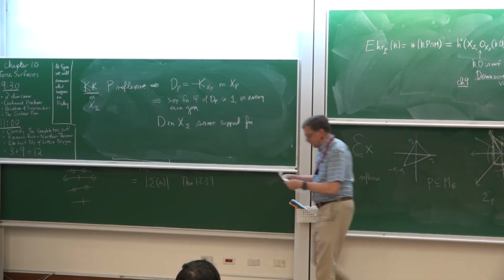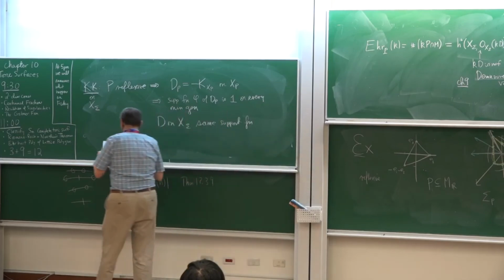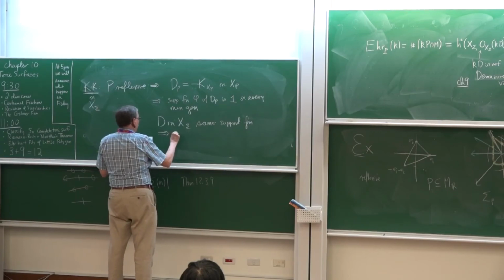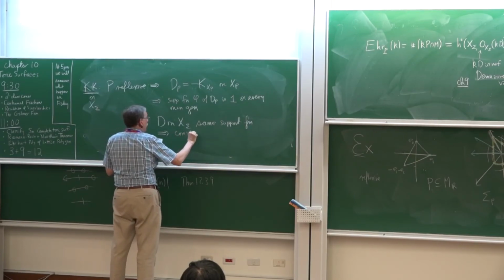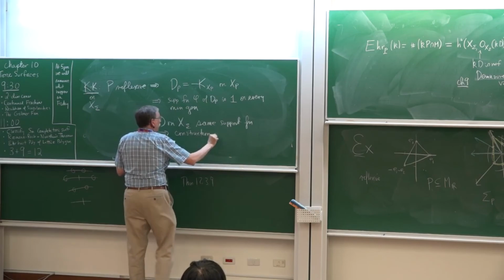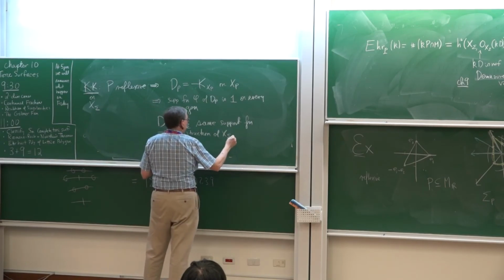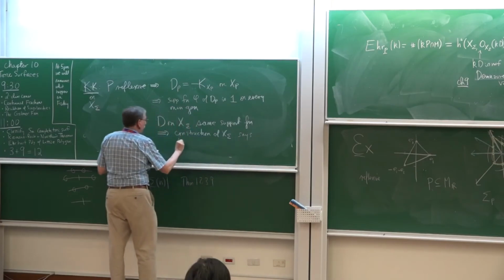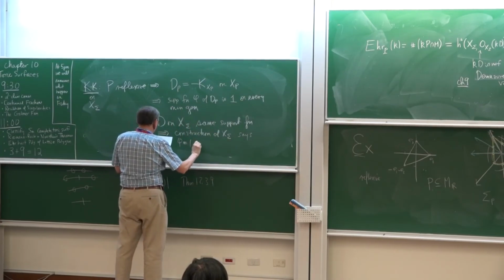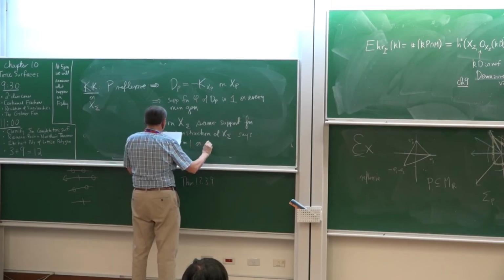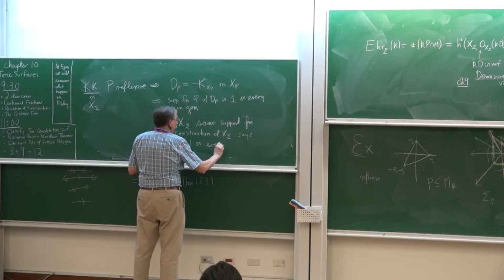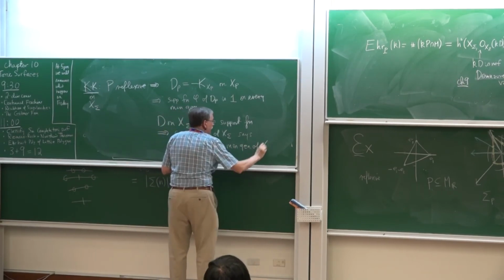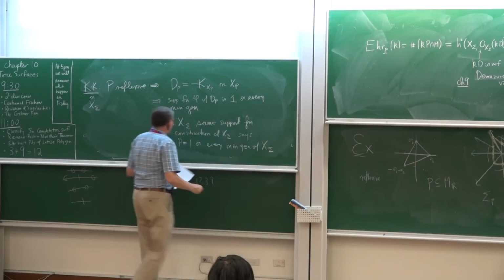So in fact, basically the construction of X sigma says that phi equals 1 on every minimal generator of X sigma.